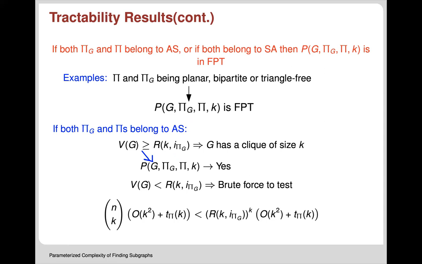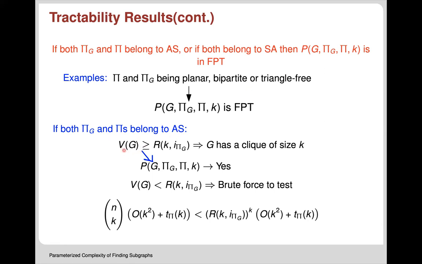So how do we prove this? If both pi g and, sorry, this should be just pi. So if both pi g and pi belong to AS, we'll just consider this case. The other case is similar.